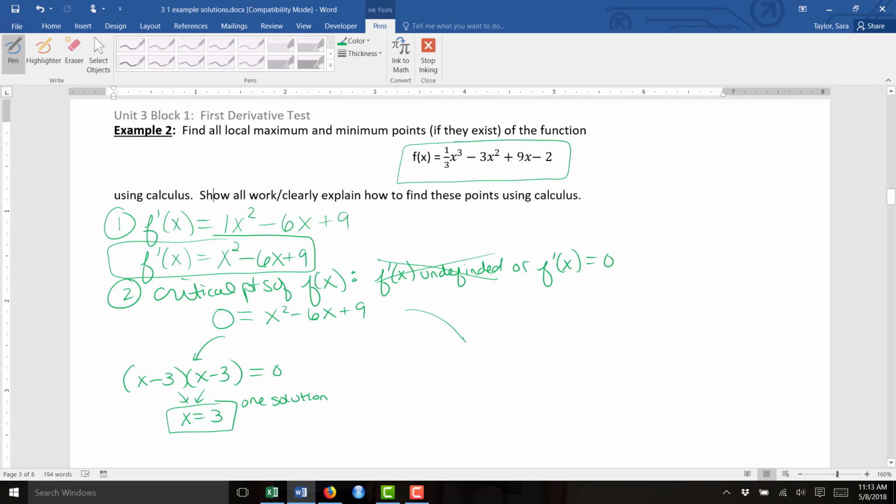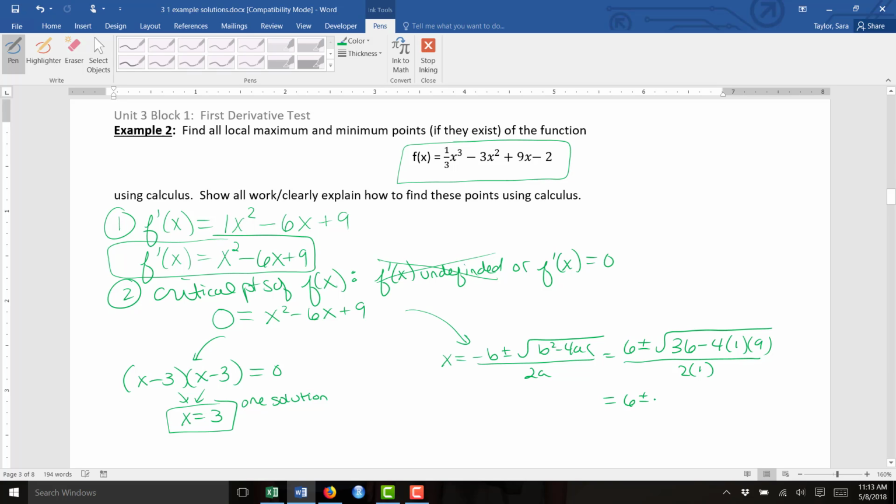Another way to solve, if you don't like factoring, is to use the quadratic formula. So that's x equals negative b plus or minus square root of b squared minus 4ac all over 2a. So you'll get negative 6, so 6, plus or minus negative 6 squared, so 36, minus 4 times a times c, so 4 times 1 times 9, all over 2 times a, so 2 times 1.